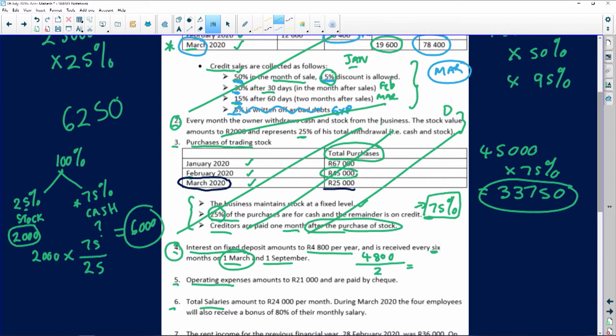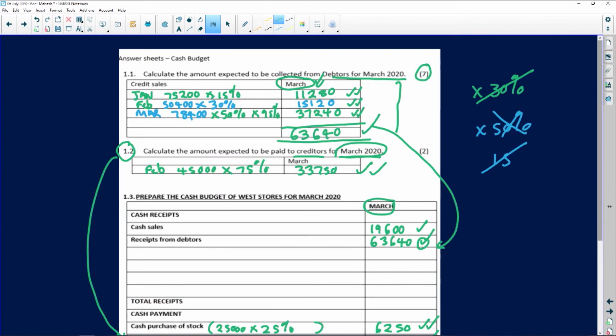So 4,800 divided by 2, no need for a calculator. I am expecting to receive 2,400 Rand in the month of March. So under cash receipts, interest on fixed deposit, I'm expecting to receive an amount of 2,400.